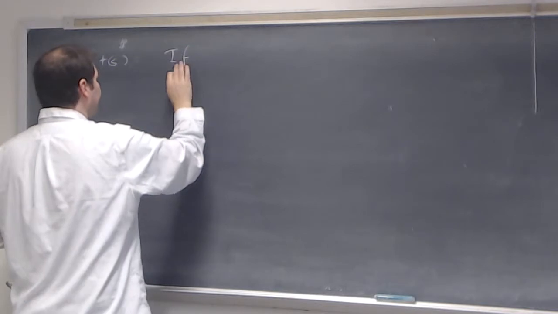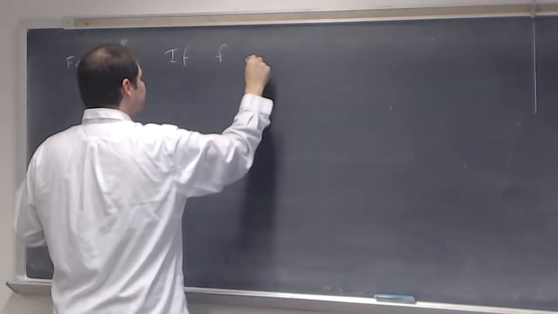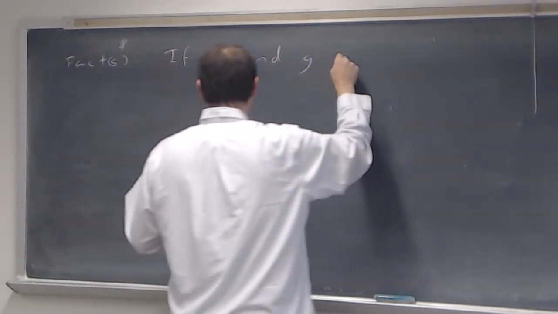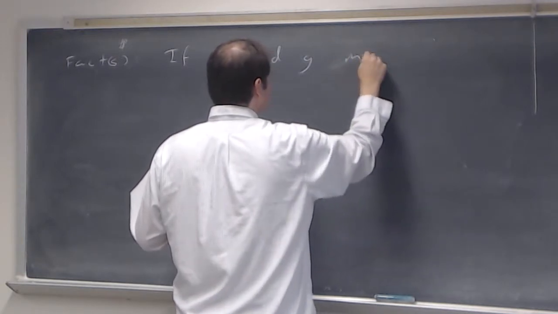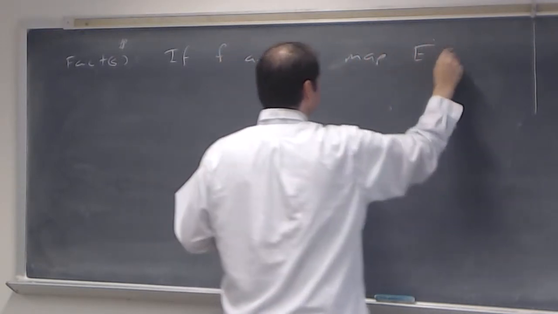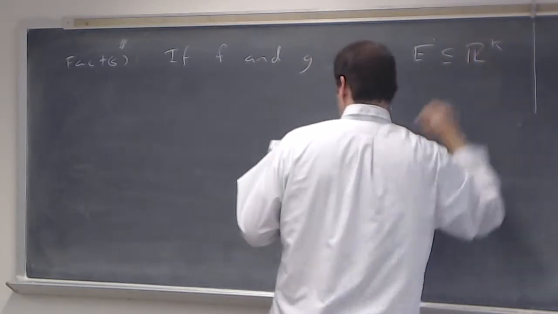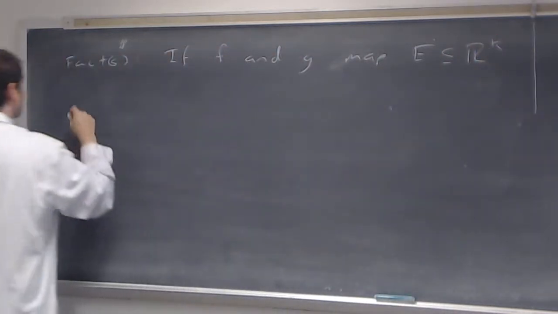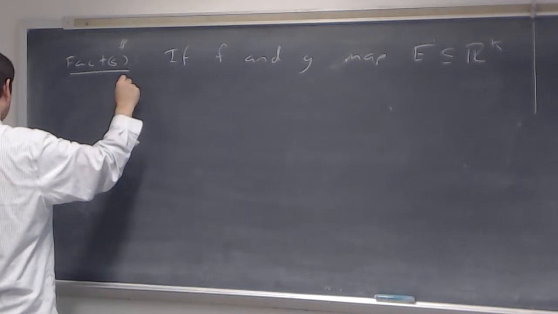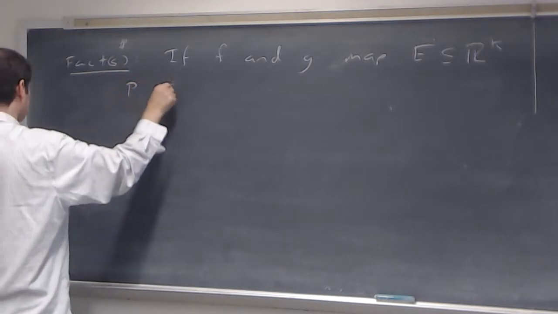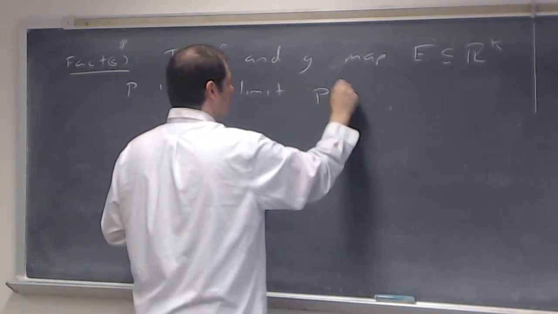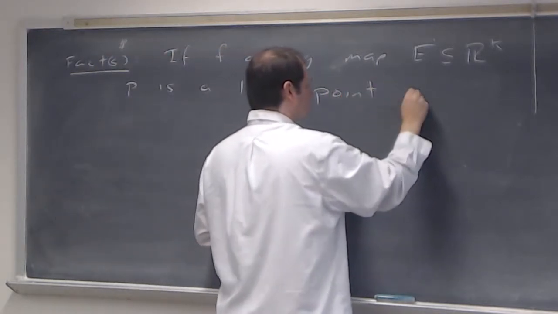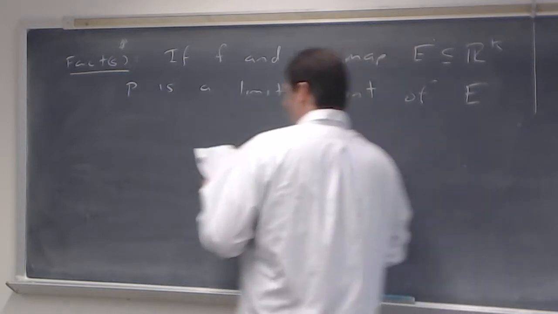If f and g map E into R^k, and p is a limit point of E.